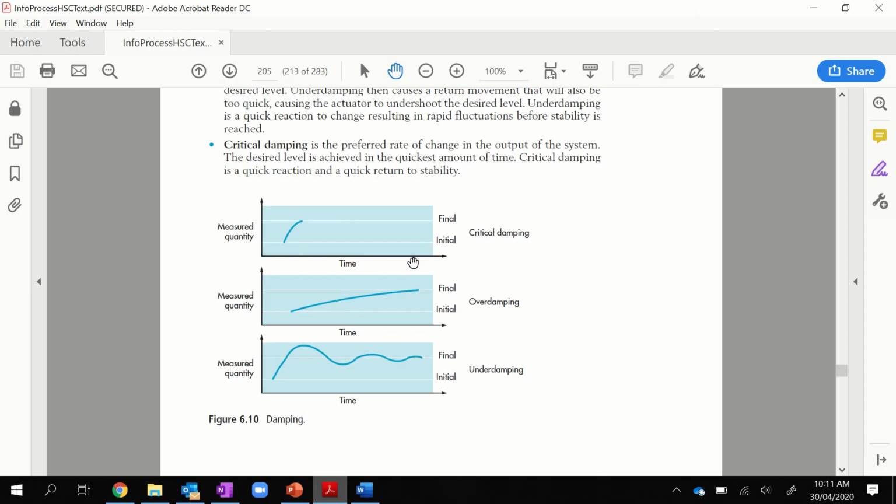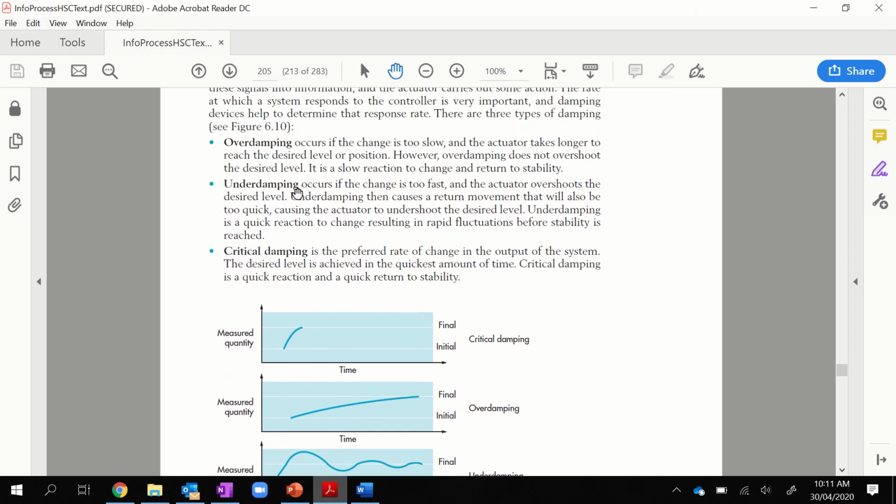Now that's defined as under damping, if the change is too fast. So that means that the parcel moved too fast, and of course under damping occurs. Now the opposite of under damping, of course, is over damping, which is where the change is too slow.